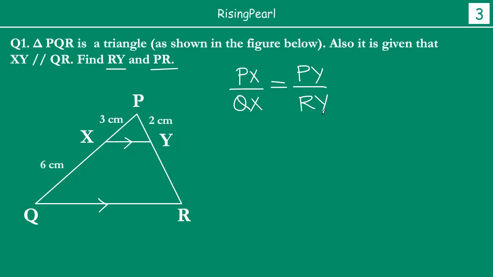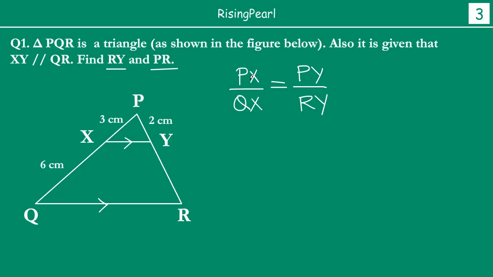Why is this the case? It is because in triangle PQR, XY line is parallel to QR. So we know by the theorem that X and Y will divide the sides PQ and PR respectively in the same ratio. So these two ratios should be equal. That is what is coming from the theorem.